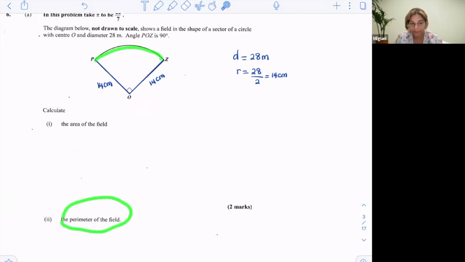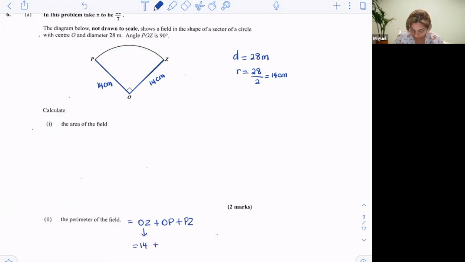I'll do the perimeter first and we'll come back to the area, right? So the perimeter is equal to OZ plus OP plus PZ. OZ is 14. OP is 14. We do not know PZ.